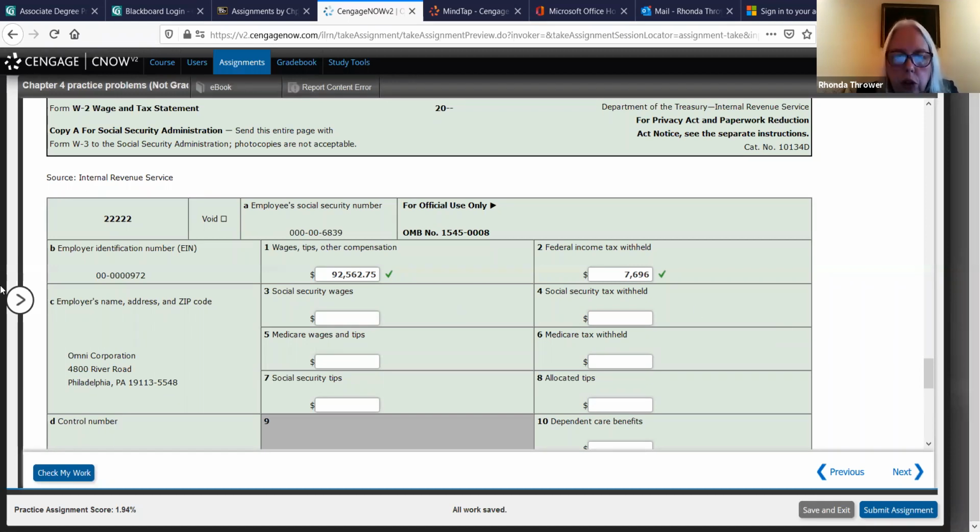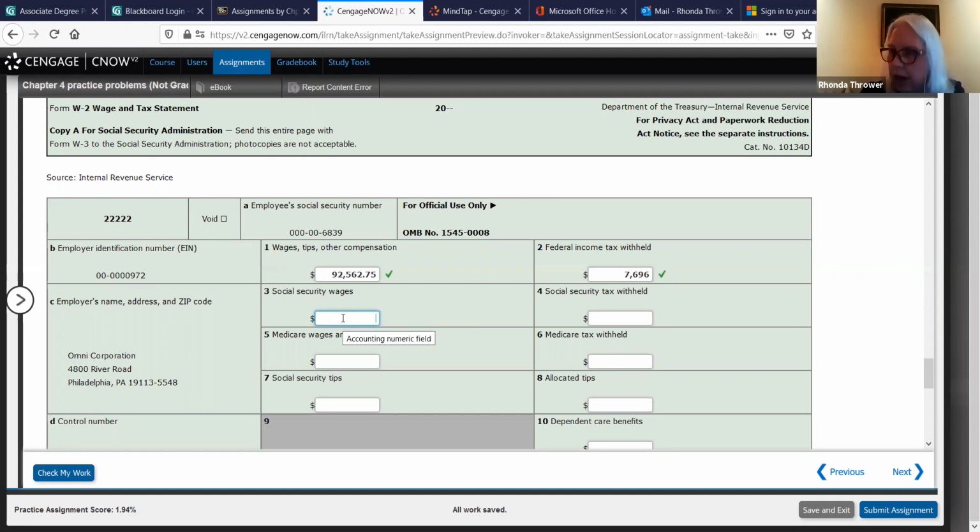For your Social Security wages, box number 3, we've got to put in the fact that we were paying them $1,875 per week. We're going to multiply that by 52, which will give you $97,500.